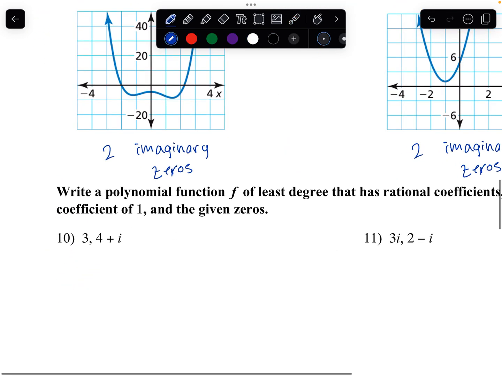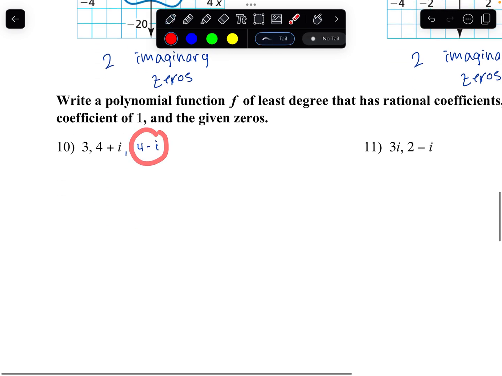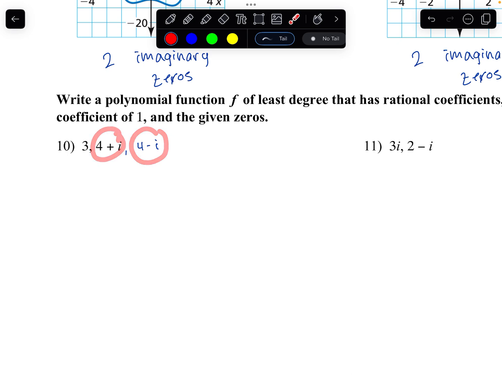So here it tells us that here's a polynomial, and the zeros are 3 and 4 plus i. So they only gave us 2. But they also gave us 4 plus i, which means the other solution has to be 4 minus i. This has to be a solution because I can see that its conjugate, 4 plus i, is a solution. And we are going to be multiplying all of these together in order to get the polynomial. That's the objective of these problems right here.